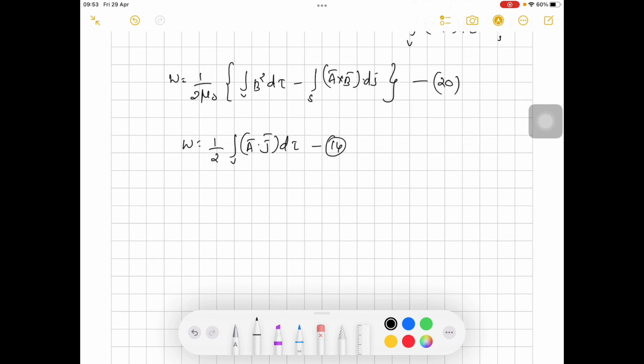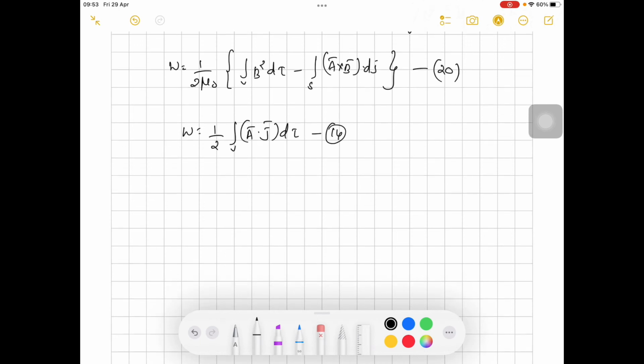On comparing this 14 and 20, left hand sides are the same, so we can equate the right hand sides. So you will get 1 by 2 volume integral A dot J d tau is equal to 1 by 2 mu 0 volume integral B square d tau minus surface integral A cross B dot ds.